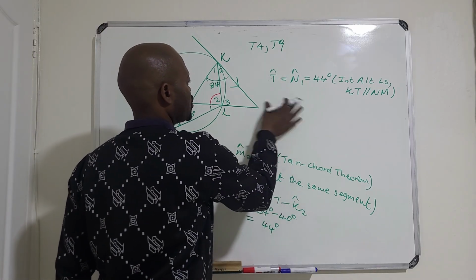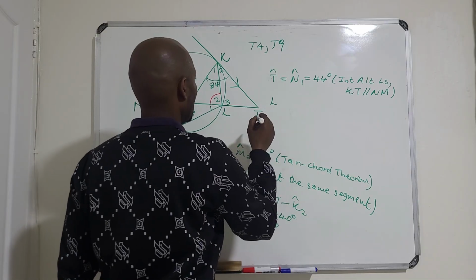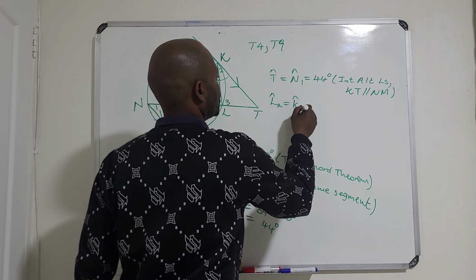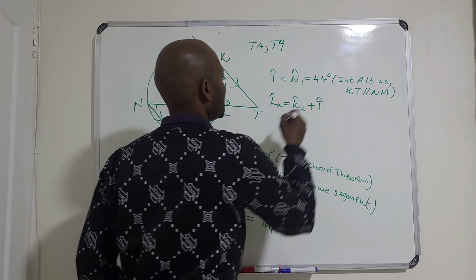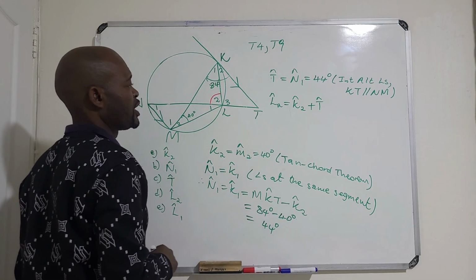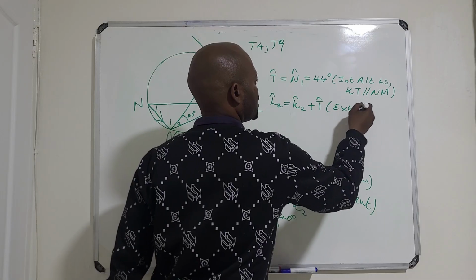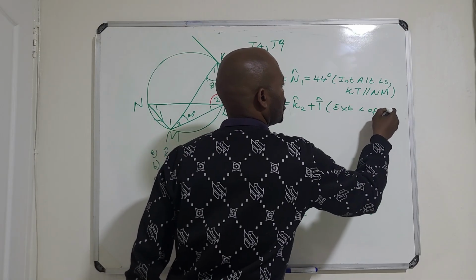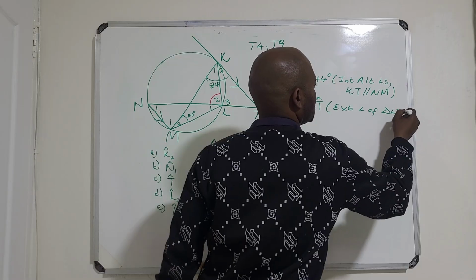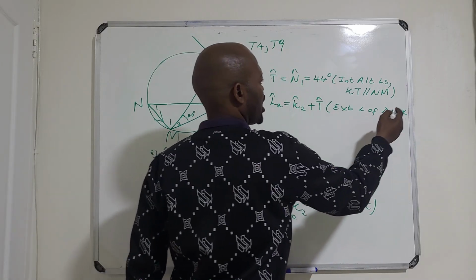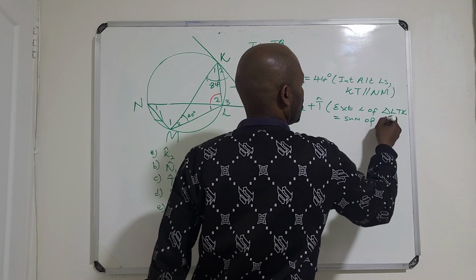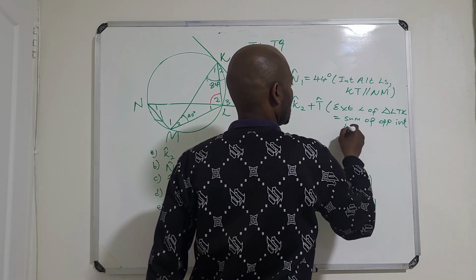Angle L2 is equal to angle K2 plus angle T. Reason: the exterior angle of triangle LTK is equal to the sum of the opposite interior angles.